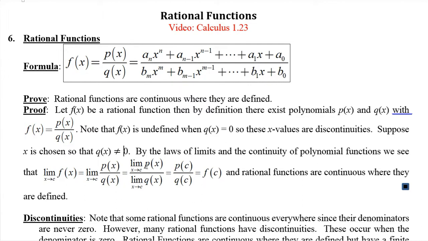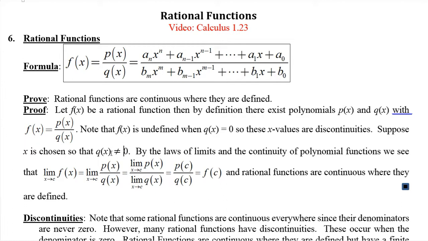Well, since they're polynomials, not only do they exist, they're actually continuous functions, so we can find the limit by just substituting in c for x. That's p of c and q of c. And of course this is true unless we are dividing by 0, but we've already eliminated that possibility. So p of c over q of c is f of c, and so we see that rational functions are continuous at the points where they're defined.